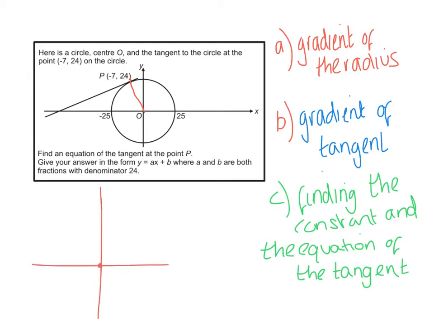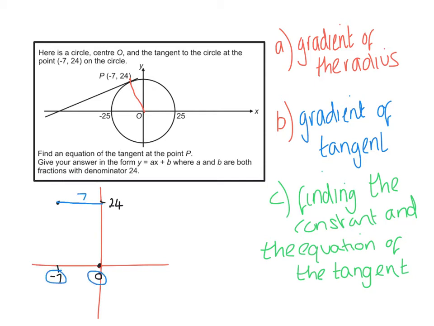So I've got this point here is 0, and I've got this point here where that's -7 and that's 24. Now wherever we're looking for the gradient, we're always looking for one across, one to the right. So I need to go to the point where I can then go to the right. So I'm going to start here and I'm going across from -7 to 0.